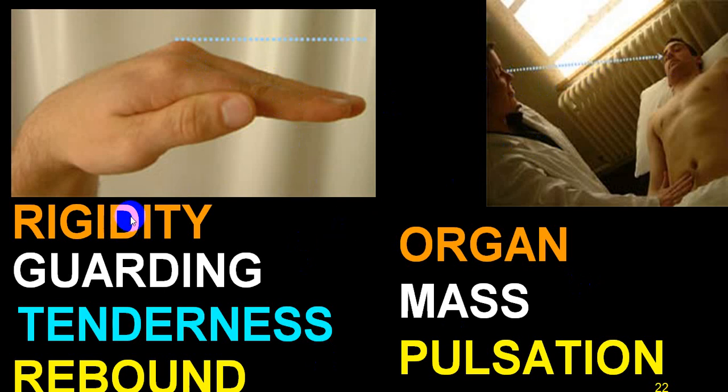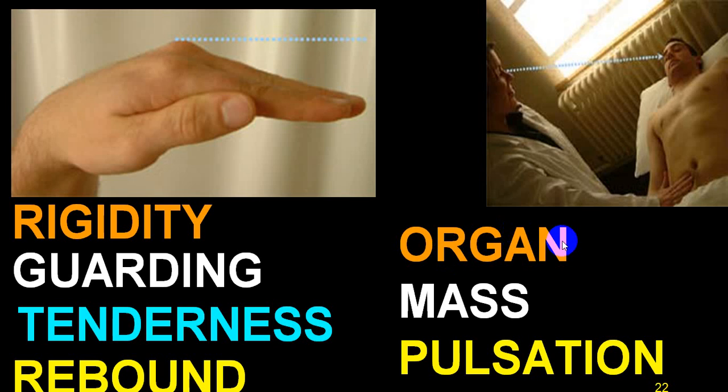Superficial palpation will identify rigidity, while deep palpation will help you identify guarding and deep tenderness. Also, that is the technique utilized for rebound tenderness. What is done in rebound tenderness? You apply deep pressure and suddenly leave it, and that gives rise to what is called rebound tenderness. By doing deep palpation, you identify whether the organ is enlarged or not.